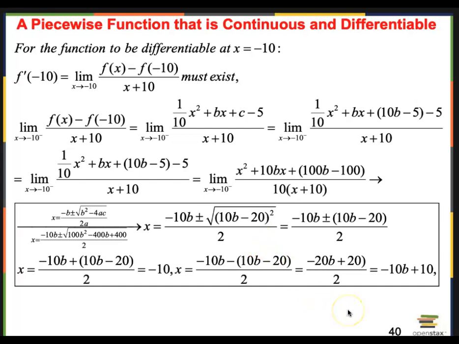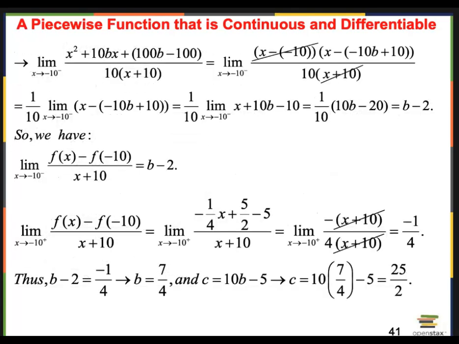Again, this is pretty ugly, and you may want to pause this to look through each step, but we end up knowing x equals negative 10, x equals negative 10b plus 10. Remember, you get two answers from here, plus or minus. So we end up with 10 and 10b plus 10. We're not done yet. We work through the rest of the problem by simplifying.